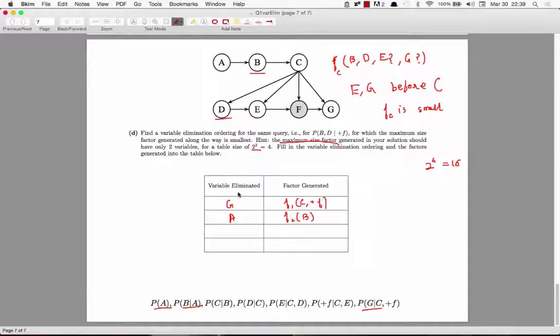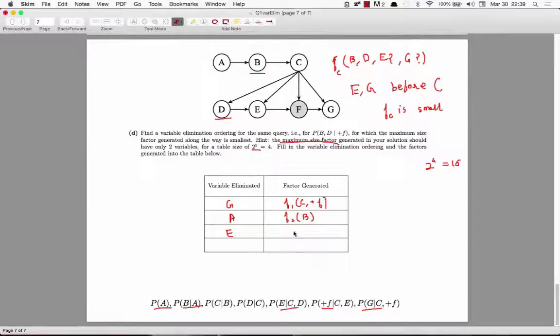Suppose next we eliminate, say, E. Notice that we said we'll eliminate C after E and G, so I'm first eliminating E and then we'll eliminate G. What are the factors which contain E? It's just this one, oh sorry, it's also this one.